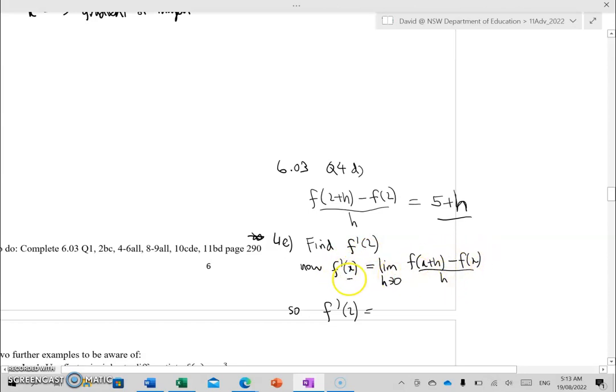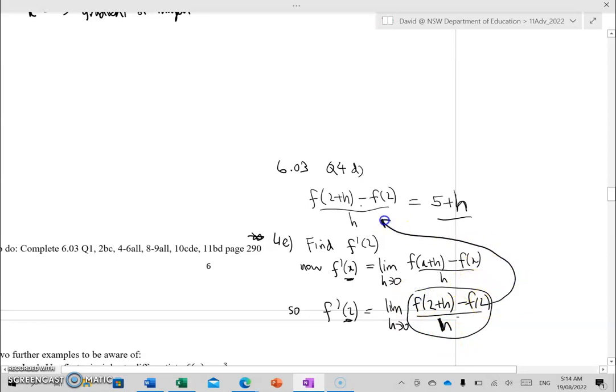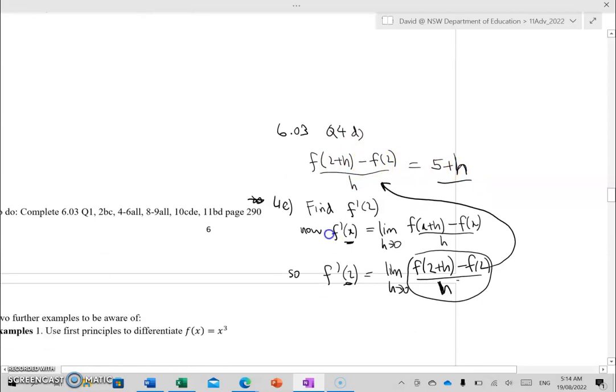So if I replace the x by 2, I'm going to get f dash of 2 is going to be the limit as h goes to 0. Changing the x's to 2, it's going to be f of 2 plus h minus f of 2 over h. Now note that in the previous part of the question, we've actually worked out what this difference quotient is. The difference quotient is 5 plus h.